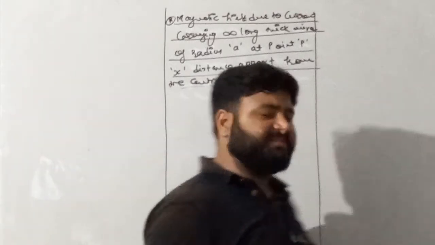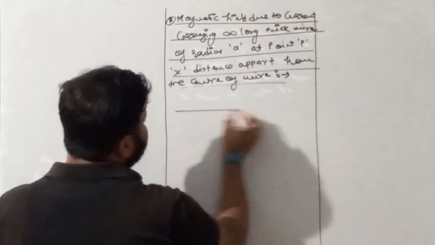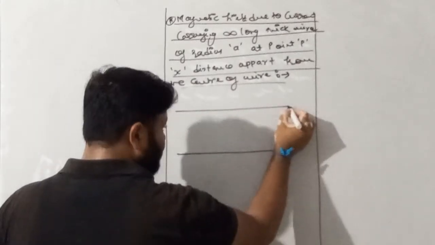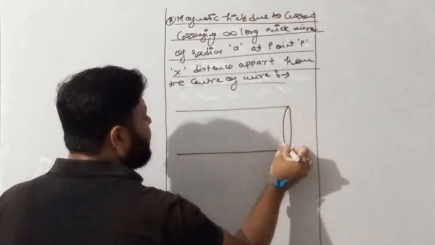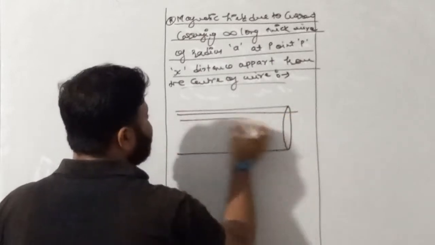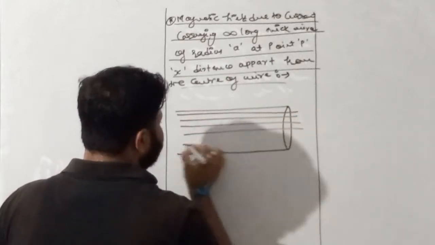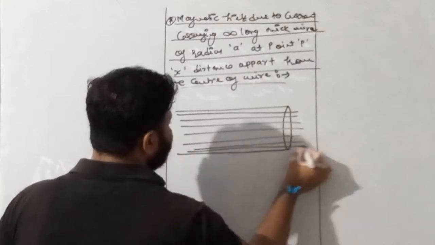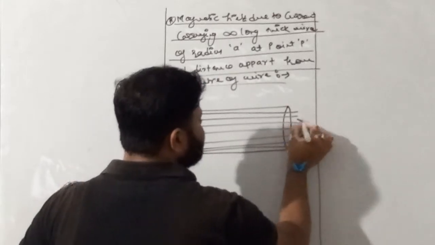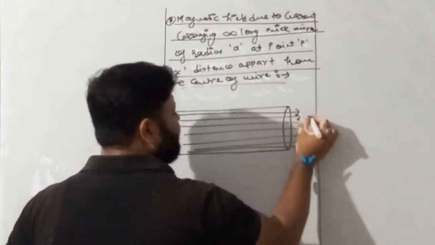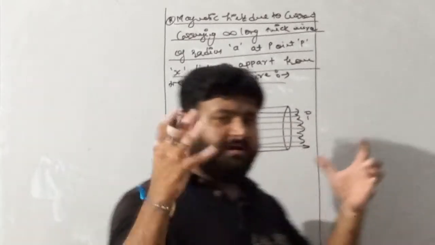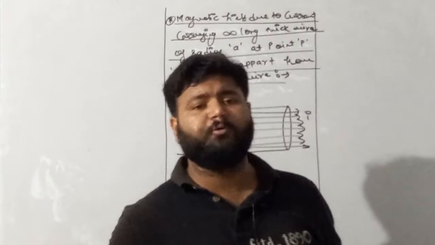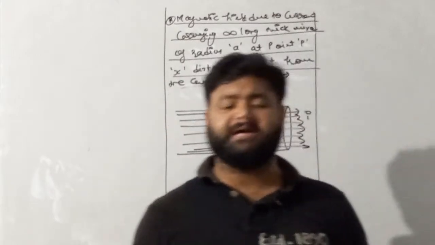So see, my dear student, what a thick wire actually is. A thick wire is that type of wire through which current is flowing everywhere. Remember, thick wire means the current is flowing from both the inside and the outside parts.